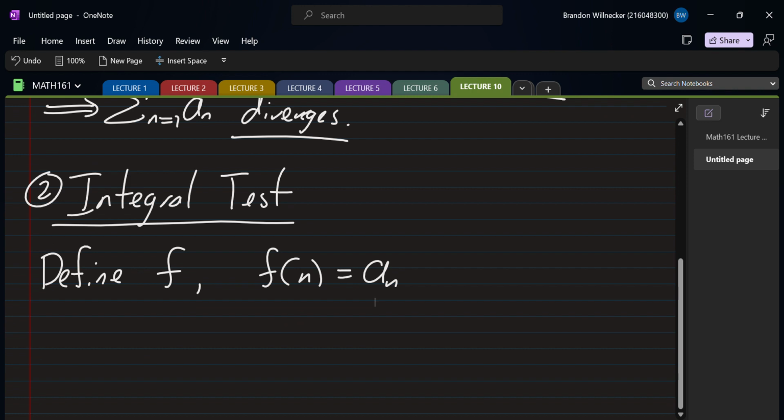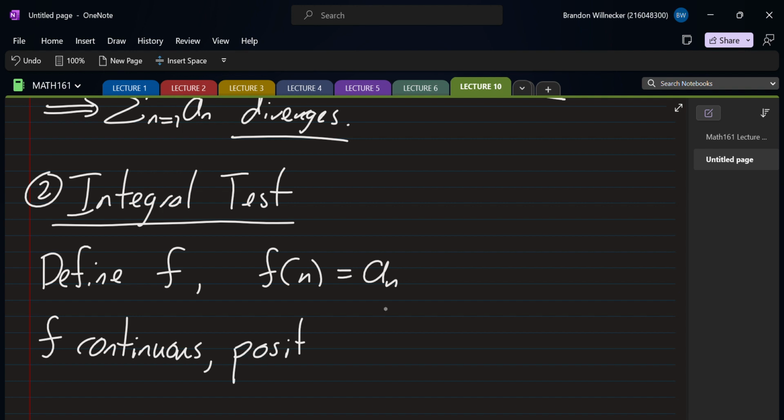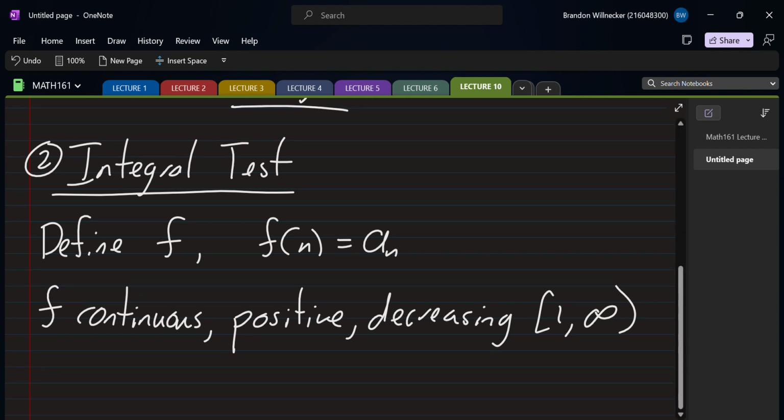Now, there's a few conditions that we need to look at before we do the calculation. f needs to be continuous, it needs to be positive, and it needs to be decreasing on the interval 1 to infinity. Our natural numbers start from 1 and then go to infinity.